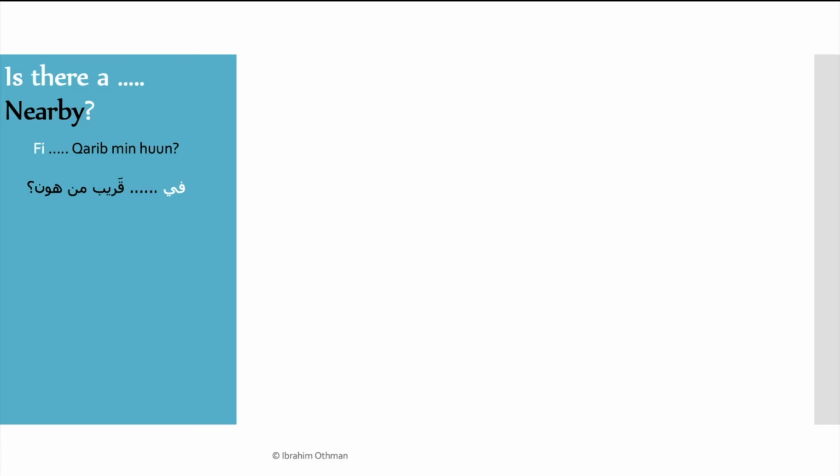And in the gap, you could add any place you are looking for, followed by nearby here, which is qarib min huna. Qarib, which means close, min, from, and huna, which means here. Qarib min huna, nearby here.